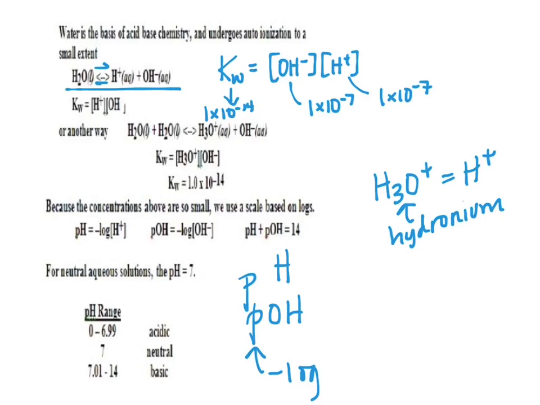The negative log of those concentrations is going to help us find the pH and the pOH. Again, the pH range is 0 to 14. Sometimes we can be on the other side of 0 or the other side of 14, but rarely. The pOH range is going to be the reverse of what we have for the pH range.